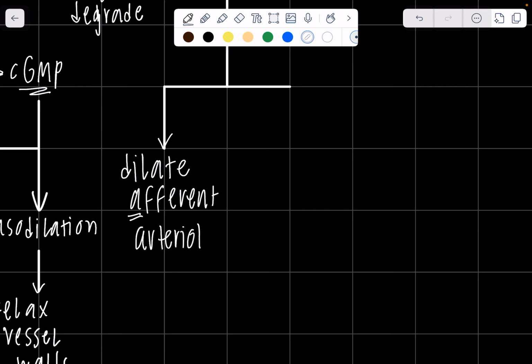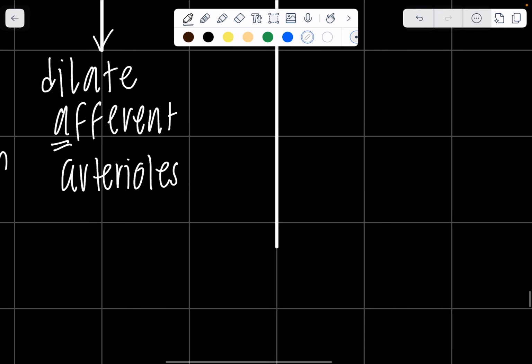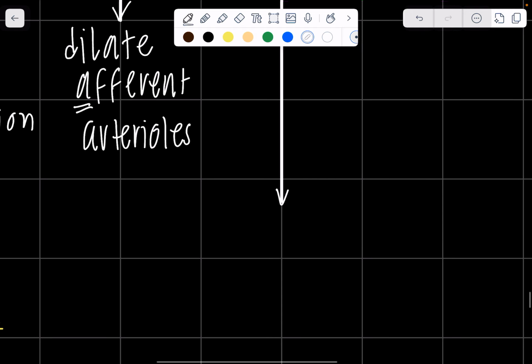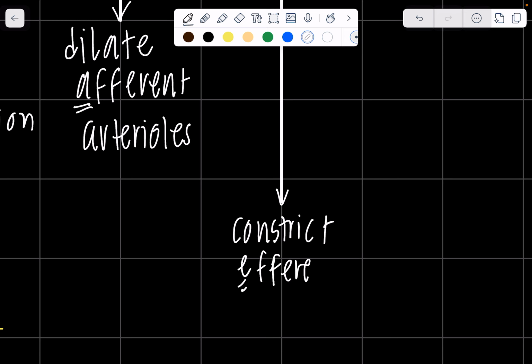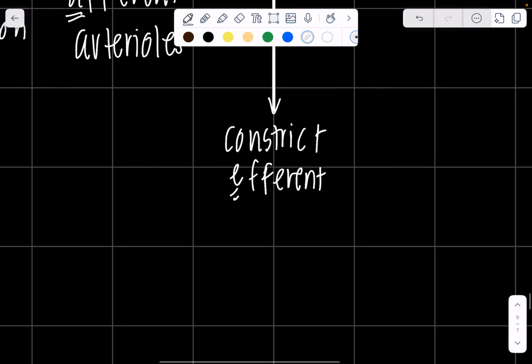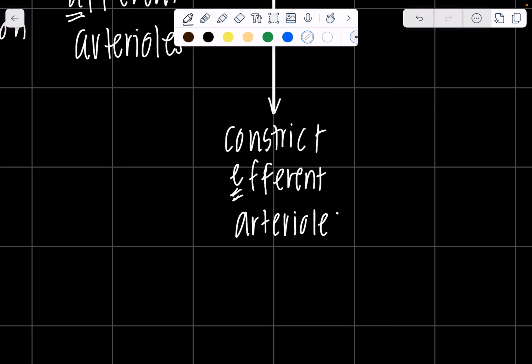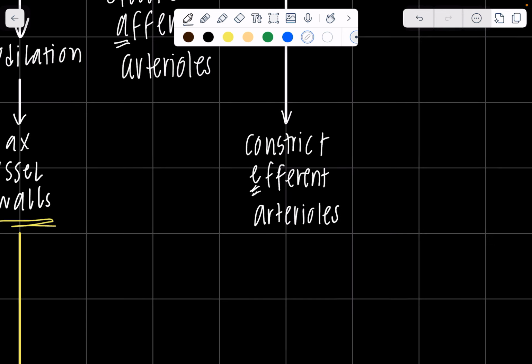So it'll dilate the vessels for the blood coming towards the kidneys, and it will constrict our efferent arterioles. And E for efferent helps us know that this is pertaining to blood that's traveling away from the kidney.